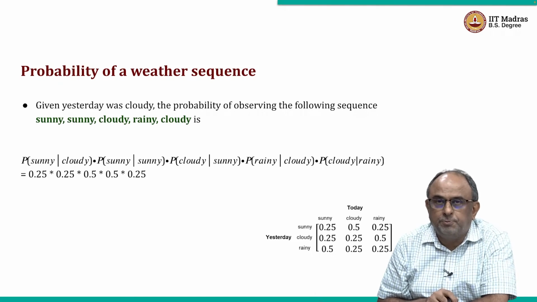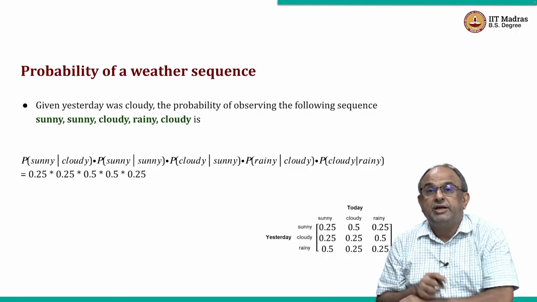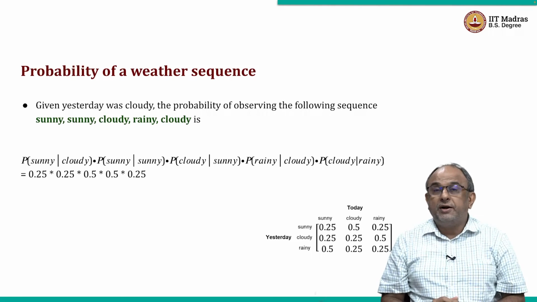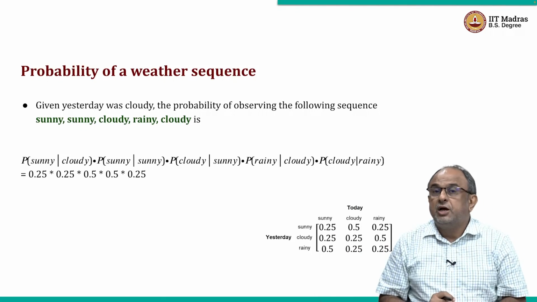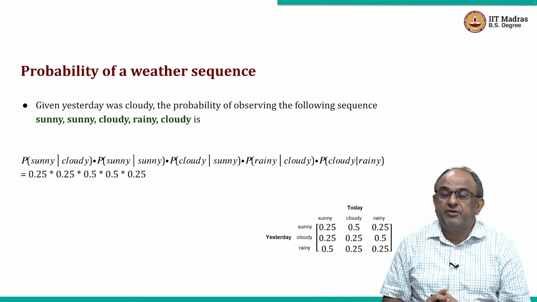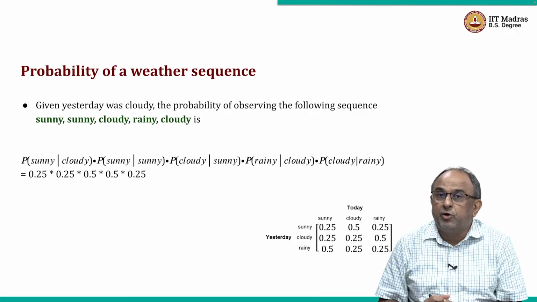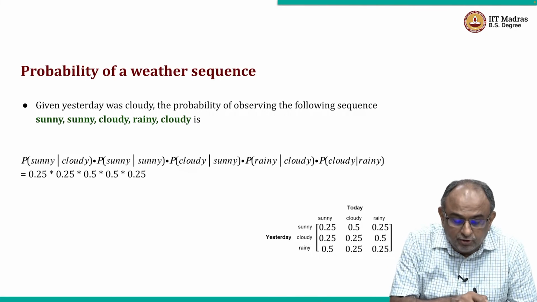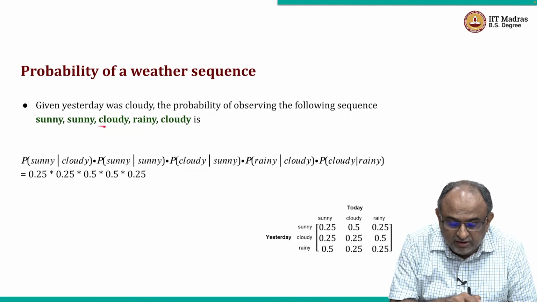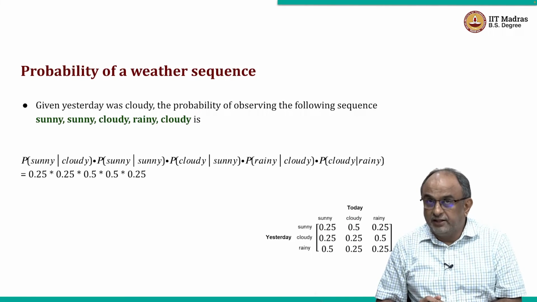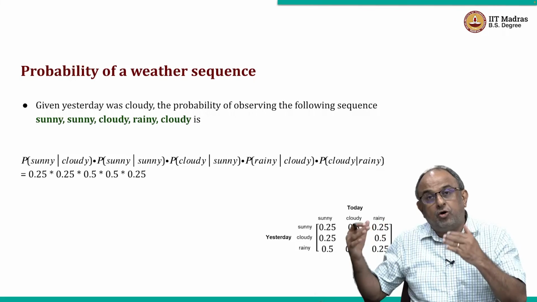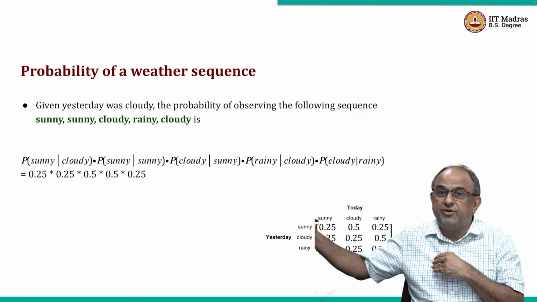Okay. So now, if I want to say what is my best prediction, so this is a 5-day forecast. How am I going to predict the next 5 days? I know that the probability of observing sunny, sunny, cloudy, rainy, cloudy is this probability. Like that, I can find it for all combinations of these 5-day forecasts.